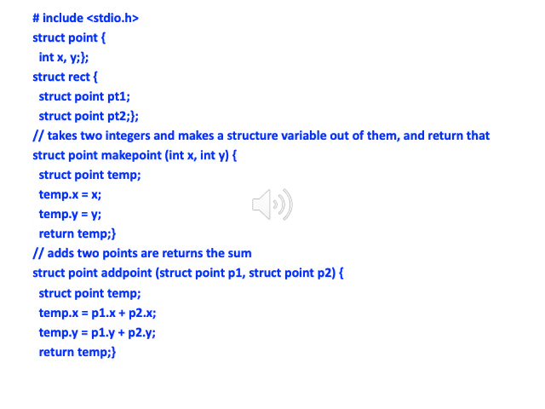As it says in the comment above, this function takes two integers and makes a structure variable out of them, and then finally returns that structure variable. So this is an example of a function which is returning a structure variable. Once that structure variable is returned, then main can do whatever it pleases with it.